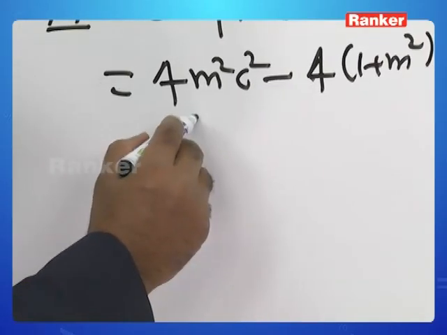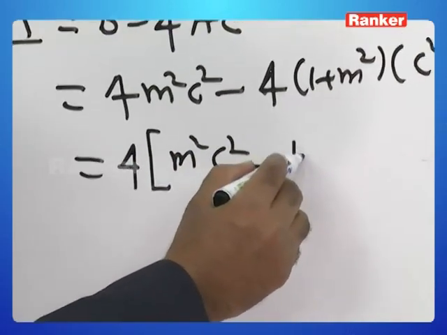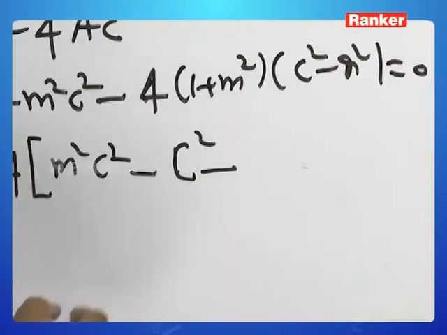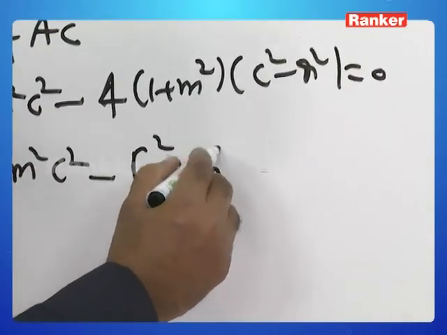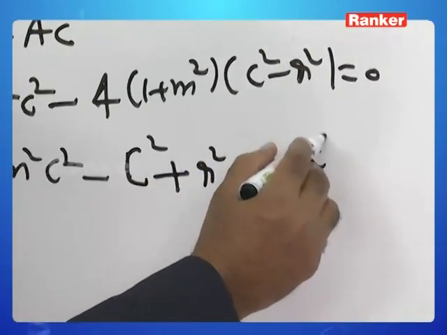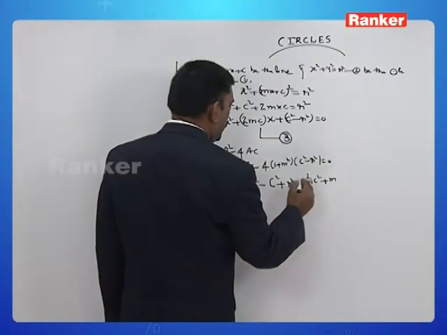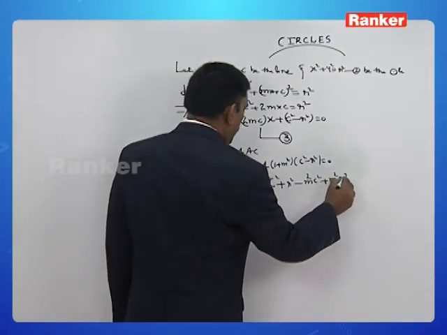Now 4 is taken outside: m square c square minus c square plus r square minus m square c square plus m square r square.